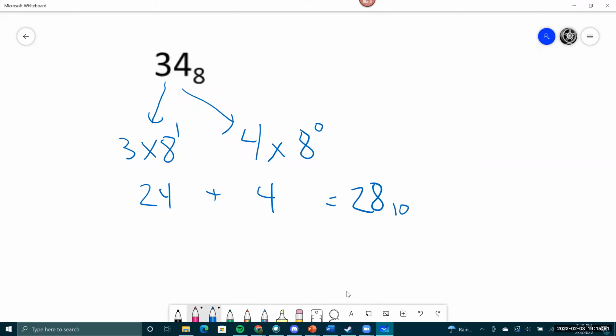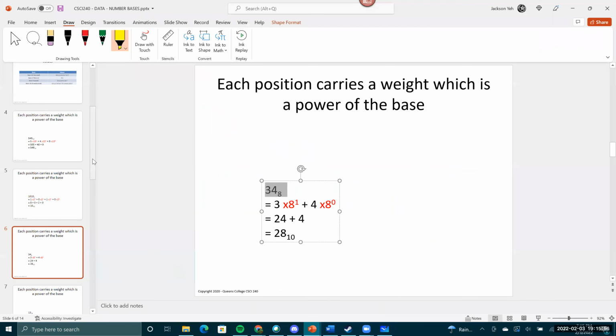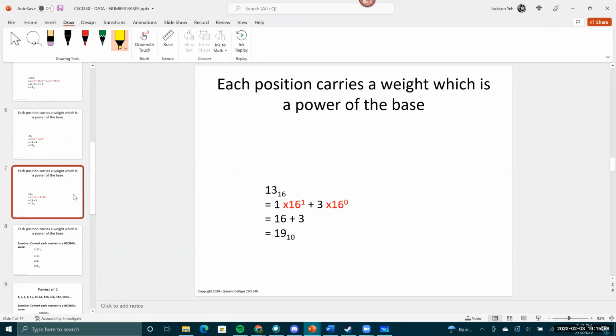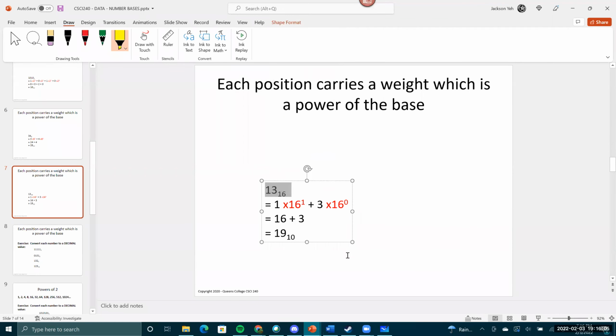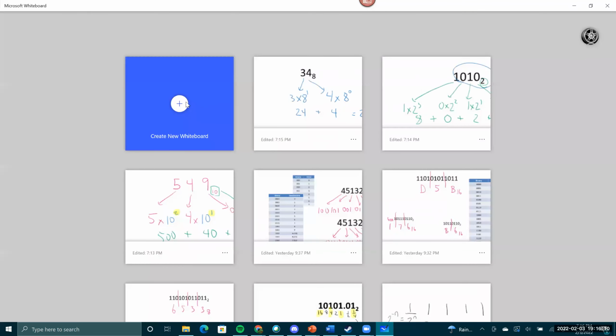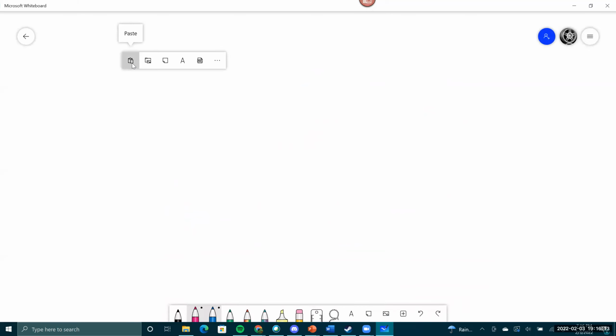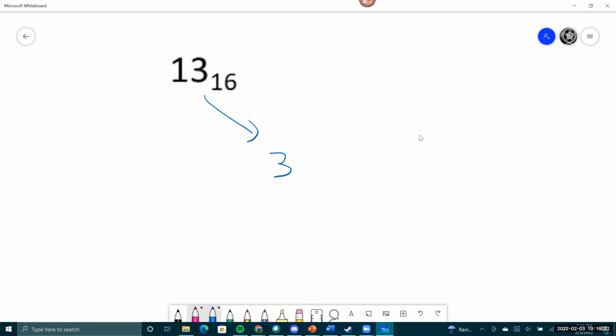All right, let's do the next one. I think the next example is going to be a hex. So it's 13 base 16, and we want to get its value. This is 3 times 16 to the 0.